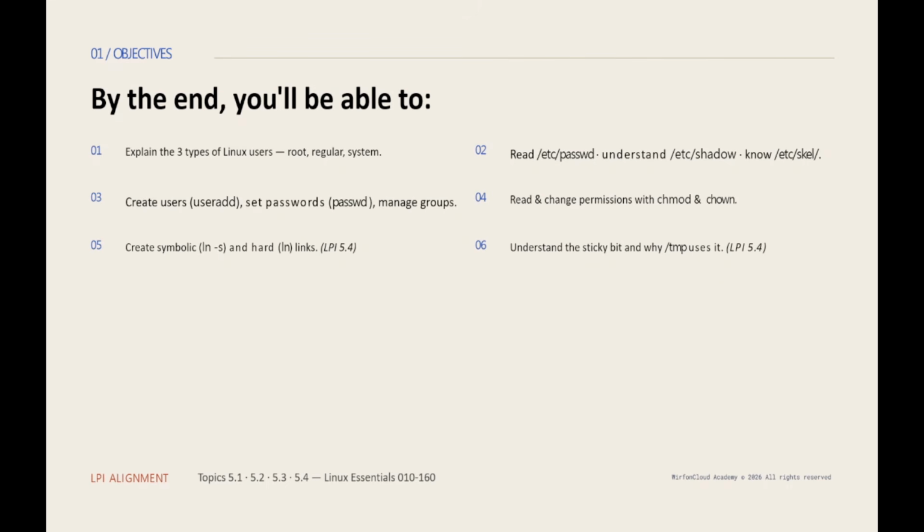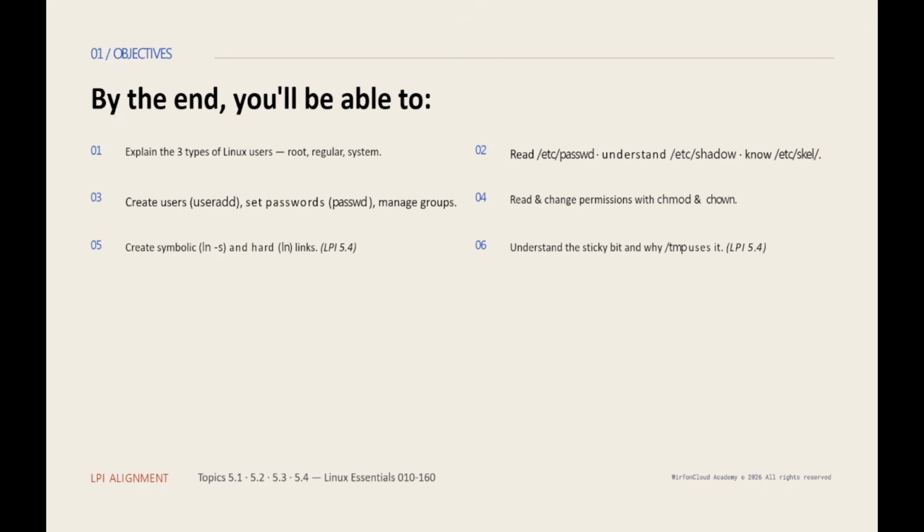Change permissions with the chmod command using both symbolic and numeric notation. And then learn how to transfer ownership with the chown command. You will create symbolic links with the ln command with the -s option and hard links with the ln command without any option. You will understand exactly what happens to the symbolic or hard link when the original file is deleted.